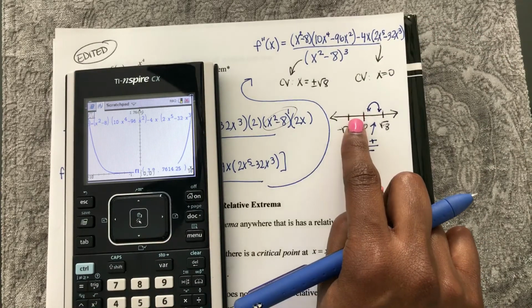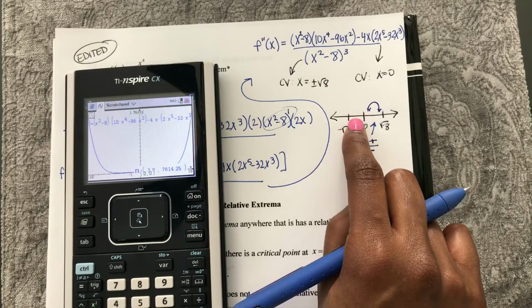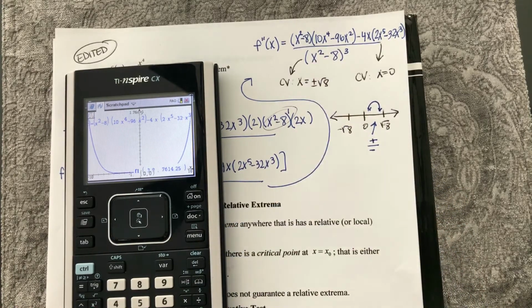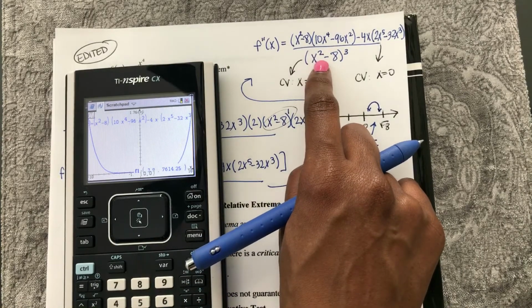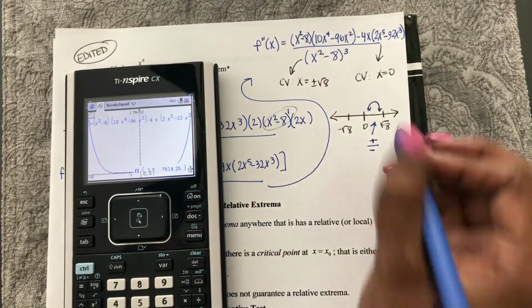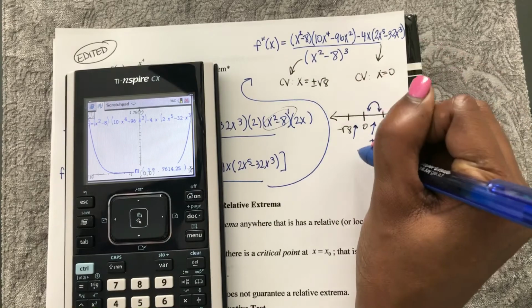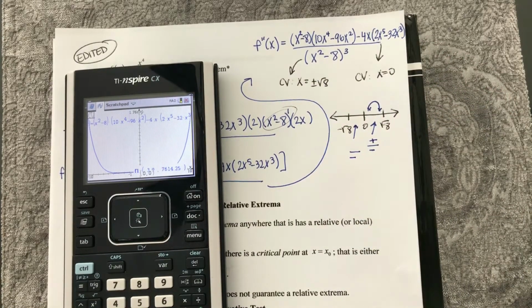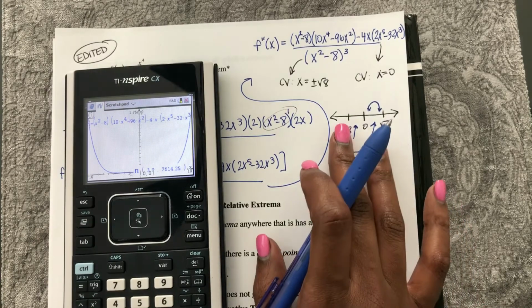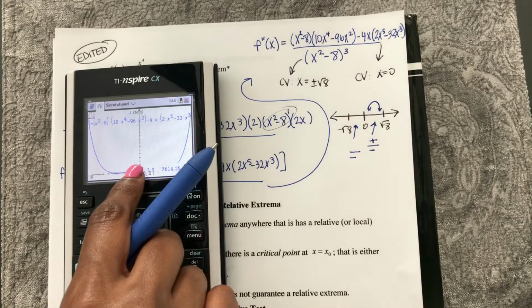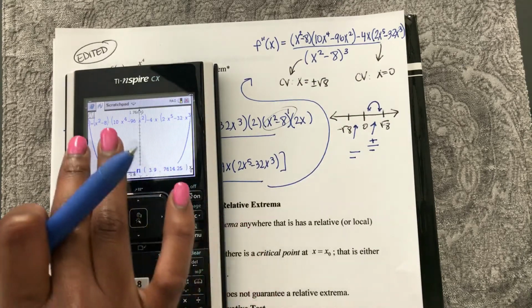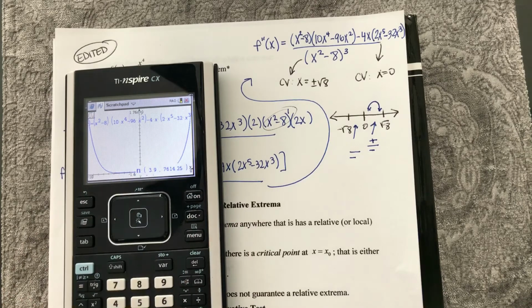So same thing with negative 1. Let's check that. If I plug negative 1 into my denominator, I'm going to have 1 minus 8, which is a negative, cubed, which is a negative. So for that interval, my denominator is negative. Now for my numerator, I look at my calculator, everything to the left of 0 is positive as well.